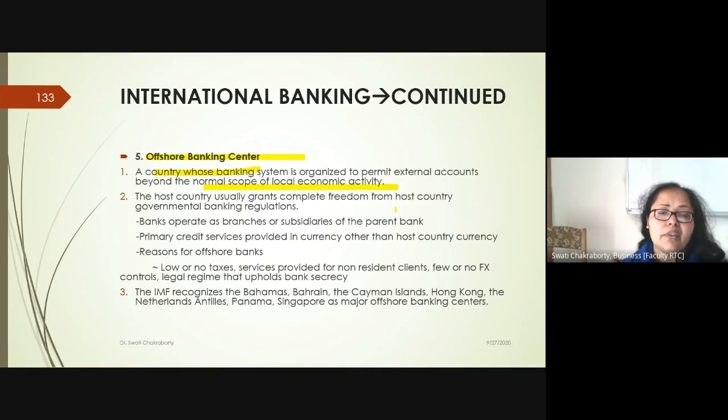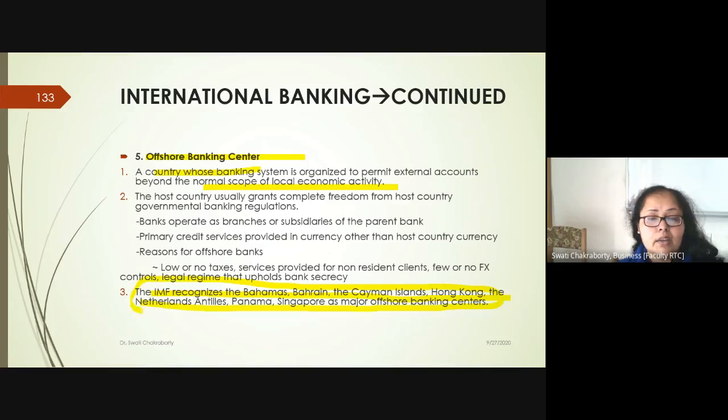Reasons why we have offshore banks: low or no taxes, services provided for non-resident clients, few or no foreign exchange controls, and a legal regime that upholds foreign secrecy. The IMF actually recognizes the Bahamas, Bahrain, Cayman Islands, Hong Kong, Netherlands Antilles, Panama, and Singapore as major offshore banking centers.